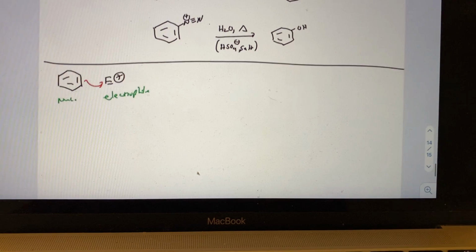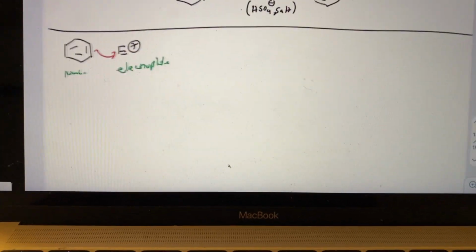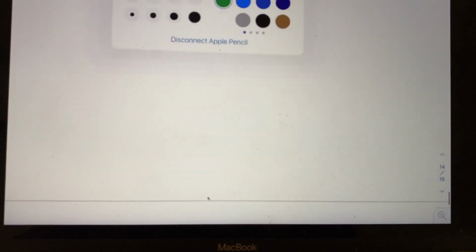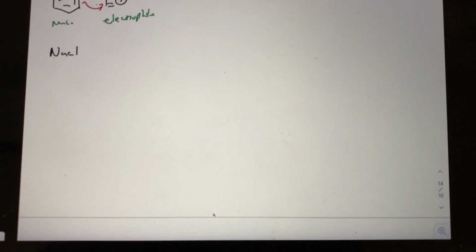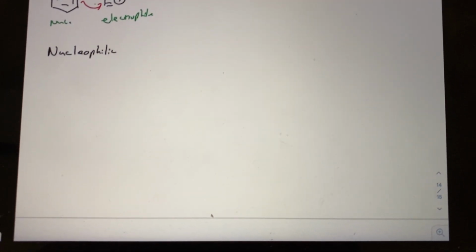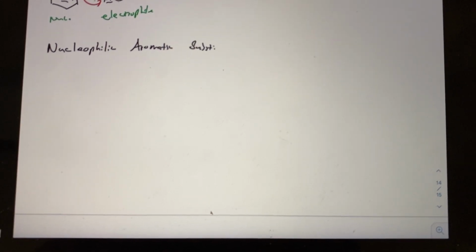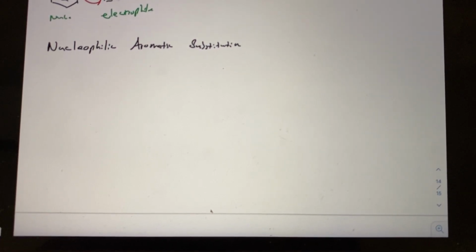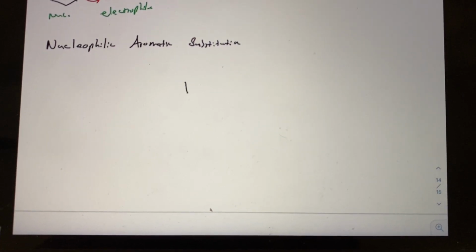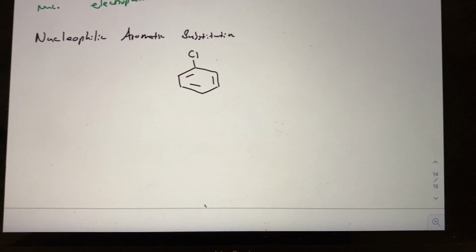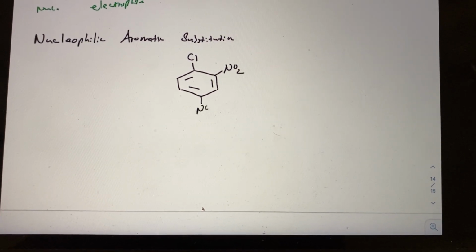Now, let's have another observation. If I can scroll up, I'll get rid of this Sandmeyer reaction. Now what we want to consider is something that's known as nucleophilic aromatic substitution. And the observation would be, let's say we have this aromatic system with a chloro and 2 nitro groups on it.